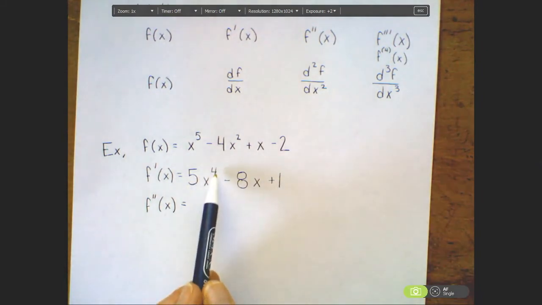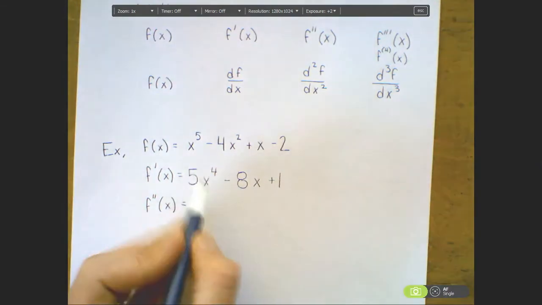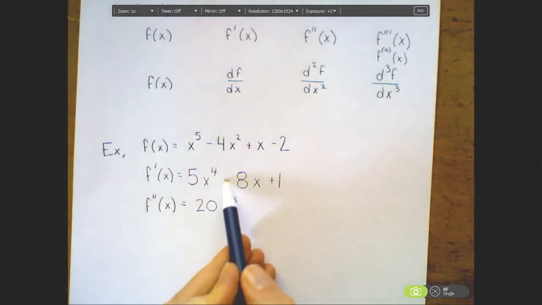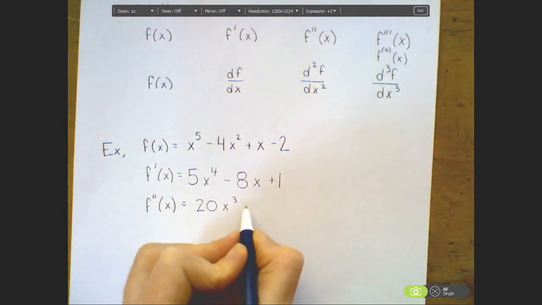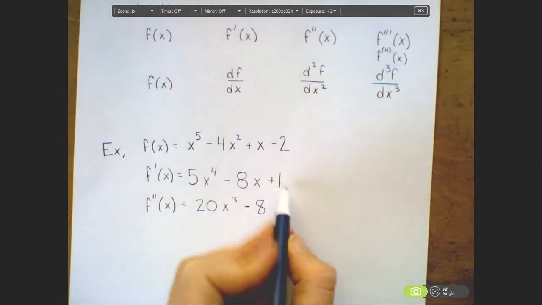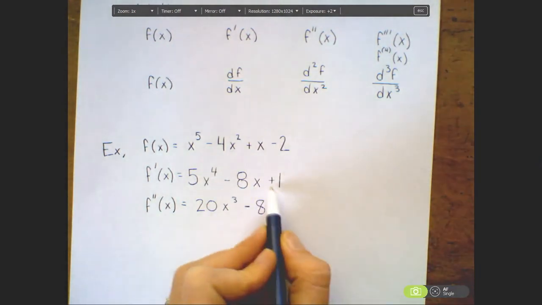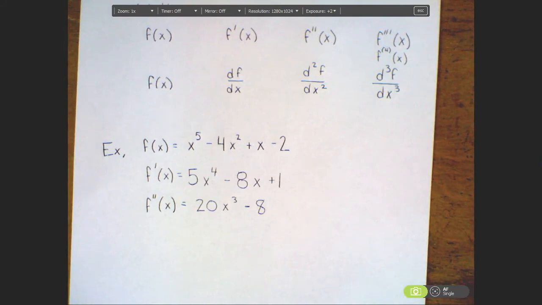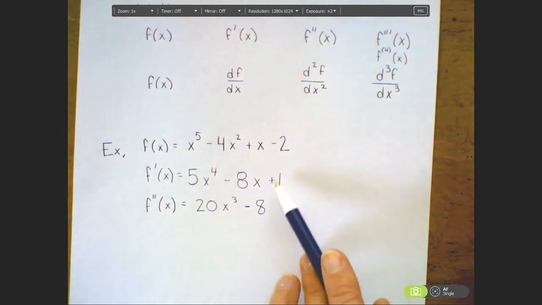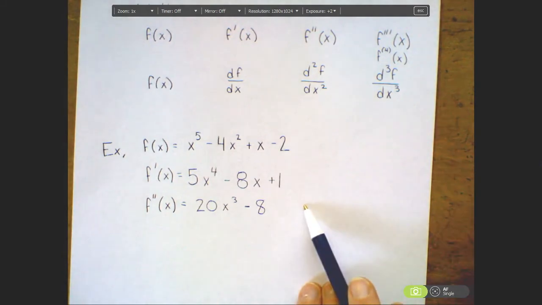So this 4 comes down in front, and I'm left with 20x cubed, and this constant becomes -8 because this is linear, and then my constant term just disappears. So notice that as I'm taking my derivatives, it actually gets easier and easier because these terms keep dropping off, that anything that's a constant goes to 0, and then I don't have to deal with it anymore.